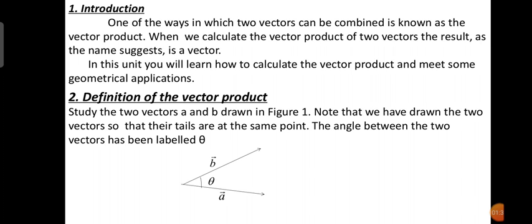Geometrically, look at the figure given. Two vectors, vector A and vector B, have the same endpoint, and the angle between them is labeled theta.